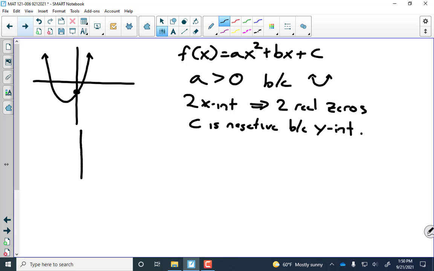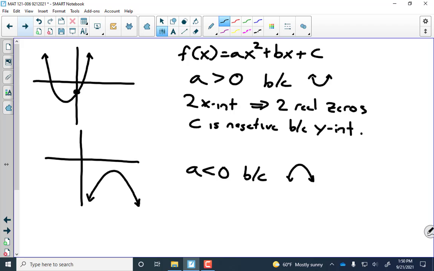Look at this one right here. Do we know if A is positive or negative? Negative. Yeah, it's got to be negative. It opens down. A is less than 0 because this thing opens down. Let's see here. No x-intercepts.